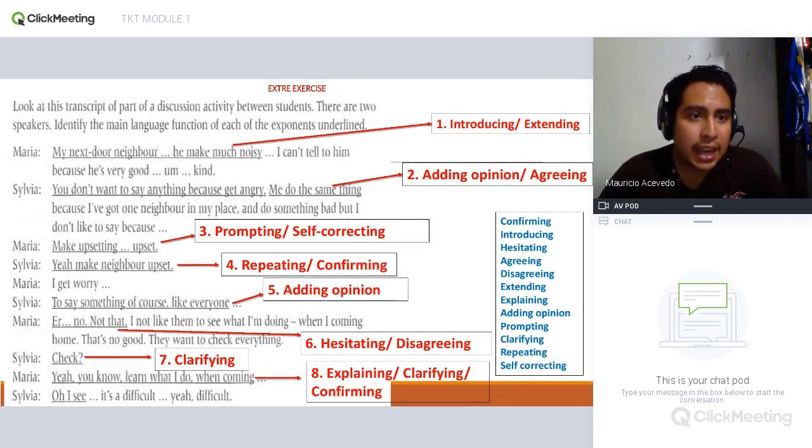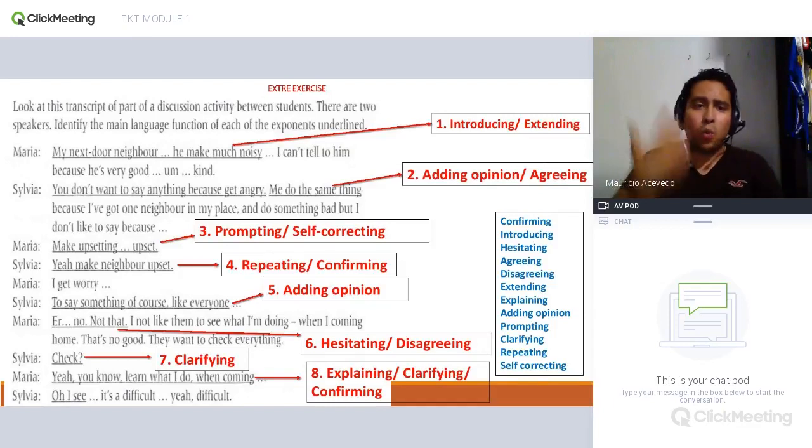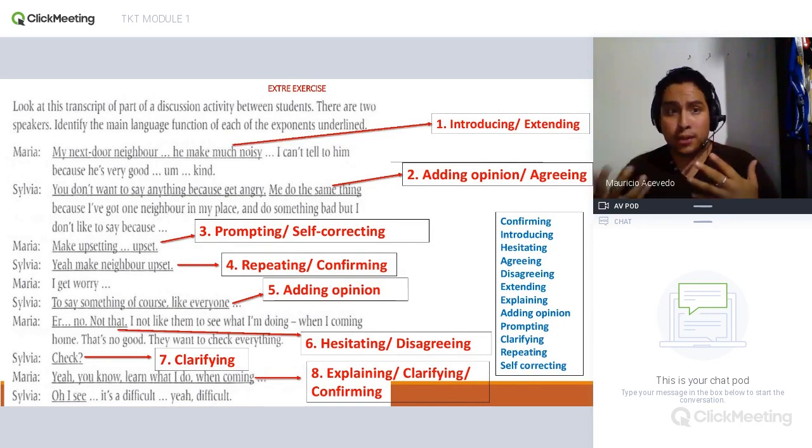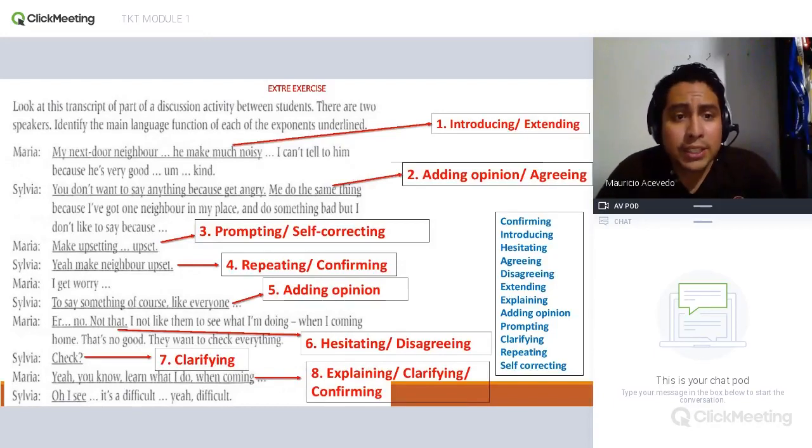It says, "Yeah, make neighbor upset." She's repeating what Maria said, and at the same time confirming, because she wants an answer. Number 5, to say something, of course, like everyone.